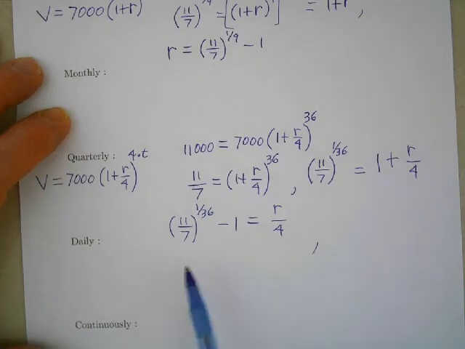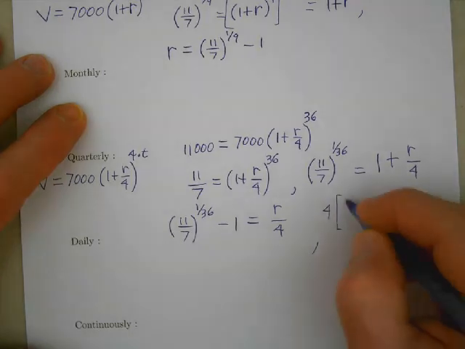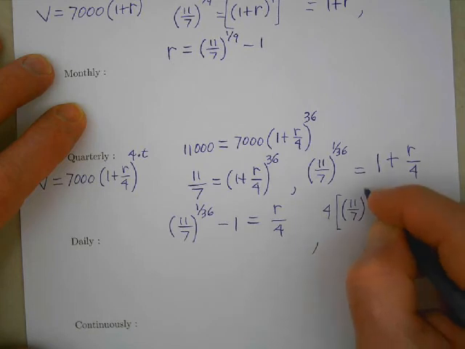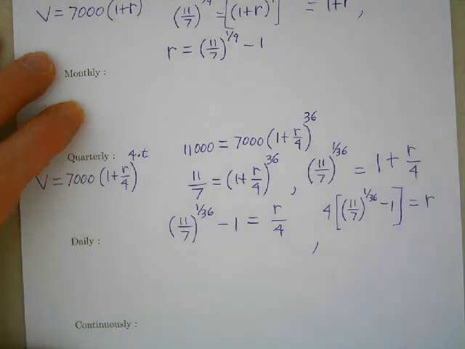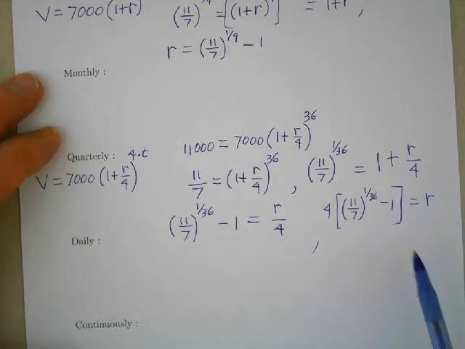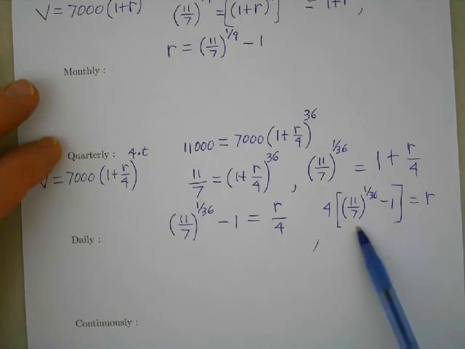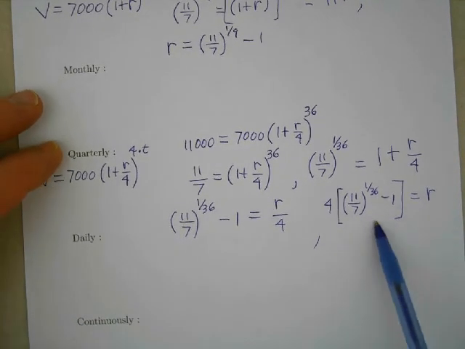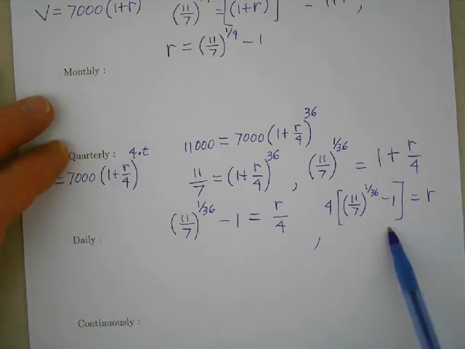And then multiply both sides by 4, and we get 4 times the quantity (11 sevenths to the 1/36th minus 1) equals r. You can use a high-powered calculator to find this number. It's approximately 0.05 or something.